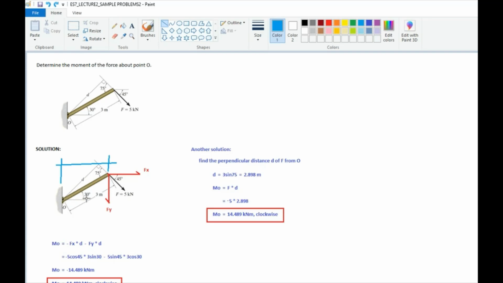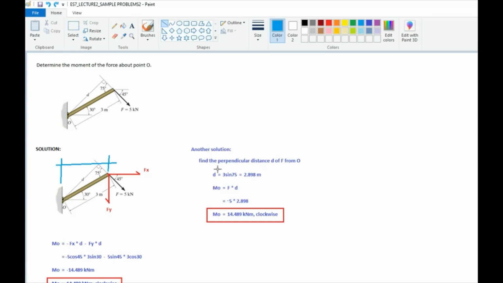Now solving, you get M sub O equal to negative 14.489 kilonewton meters. As I have told you, add the direction. So instead of writing negative 14, our final answer will be 14.489 kilonewton meters clockwise. So that's it, that's all there is to it.